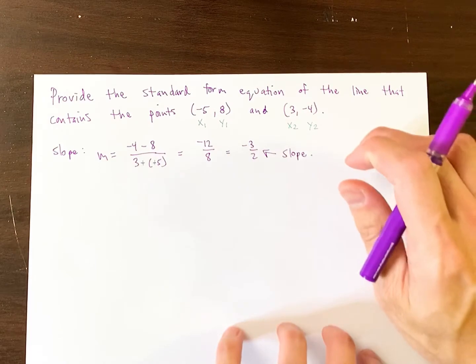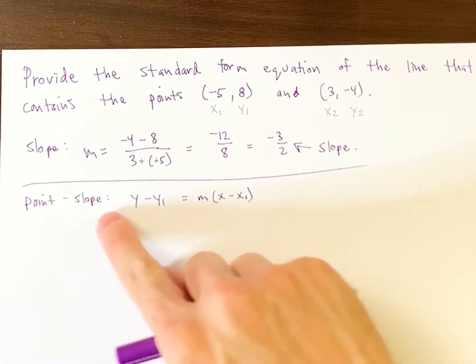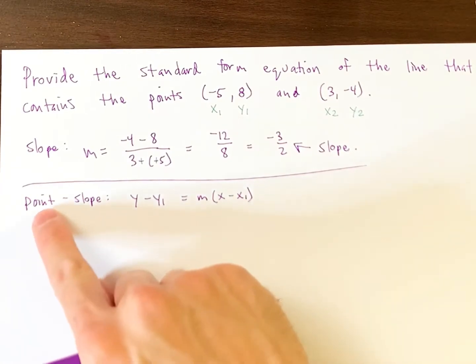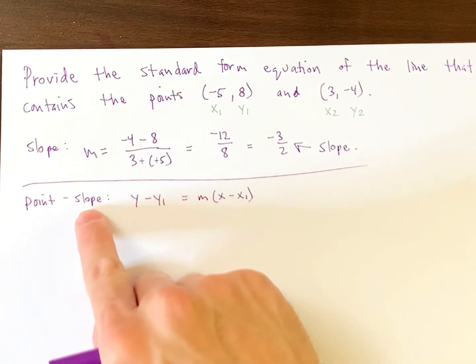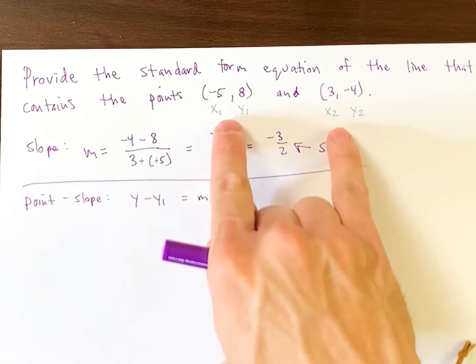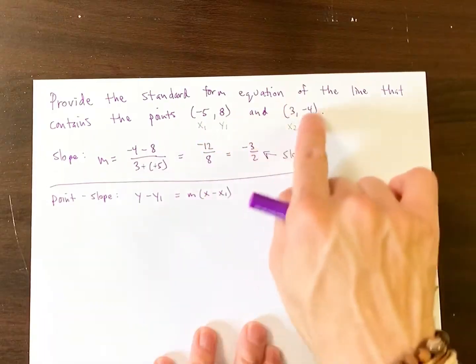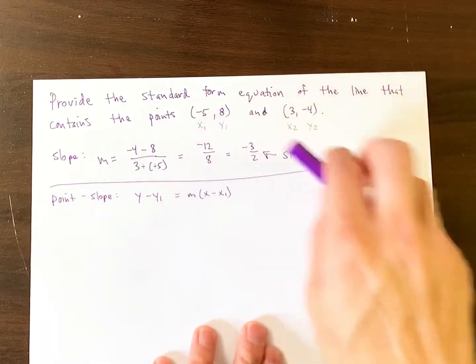Now let's jump off into point slope. And recall that point slope has its name because point and slope are what you need. We have the slope right there. As for a point, we have two original points to choose from. It doesn't matter which one you pick. You can pick this one or you can pick that one.